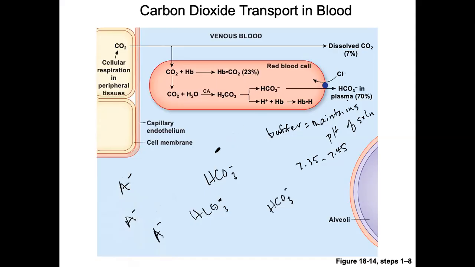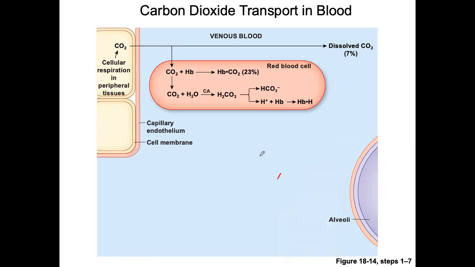So let's say we're lifting weights or we're exercising, or for whatever reason we're increasing the metabolic production of H+, of protons, okay? Let's see if we can go back. Oh, you guys, I'm so sorry. I just lost it all.